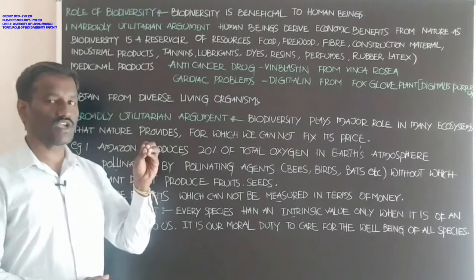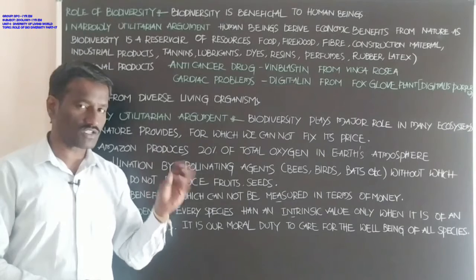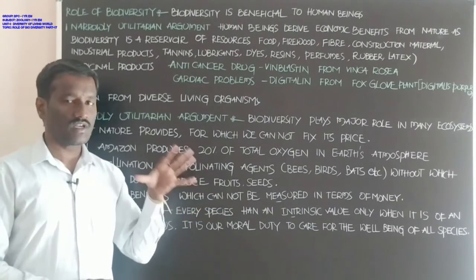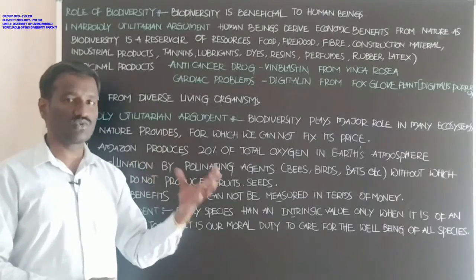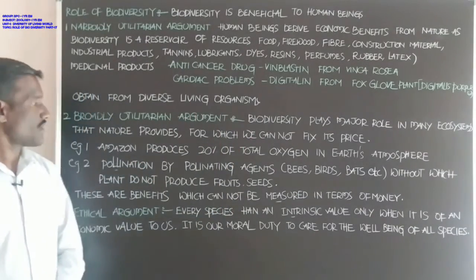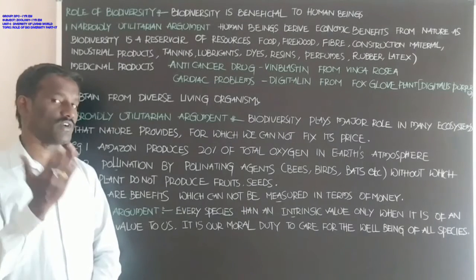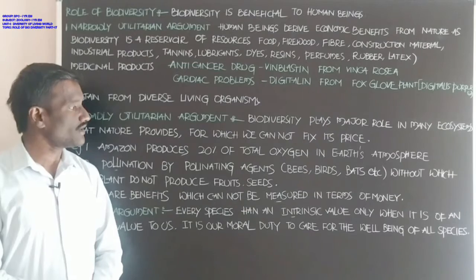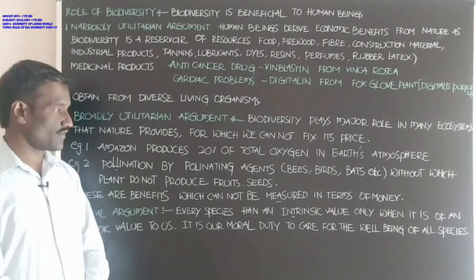Of the amount of oxygen in the Earth's atmosphere, 20% is produced by the Amazon rainforest, out of the total oxygen present on the Earth's surface.